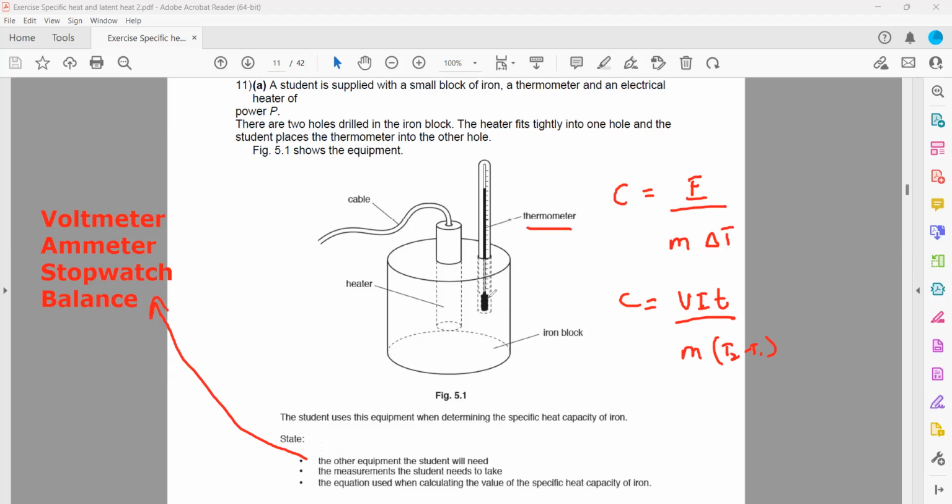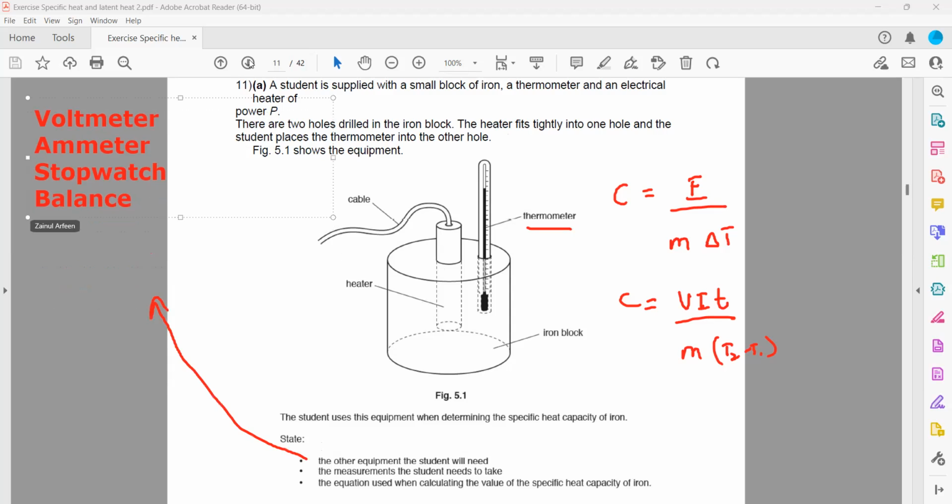Measurements the student needs to take: what does the student have to measure to calculate the specific heat capacity? Energy is not measured, the student will calculate it.